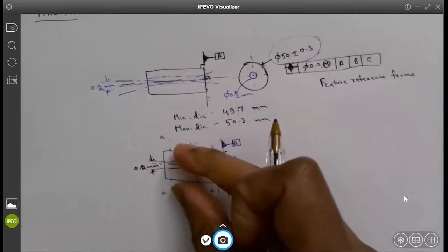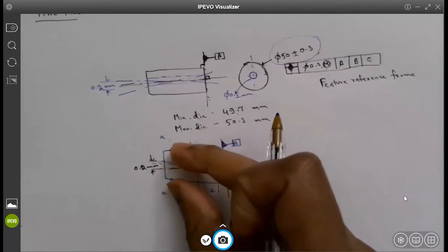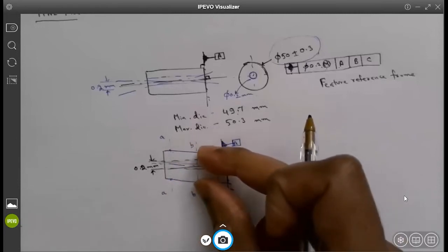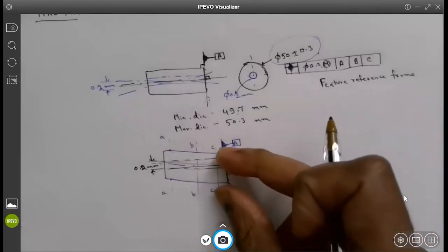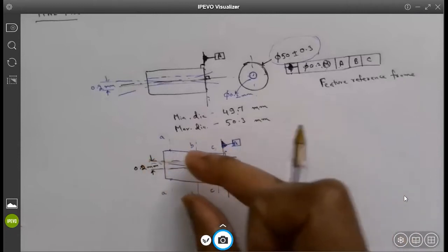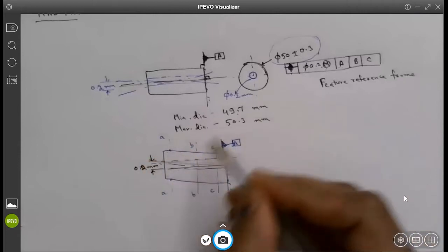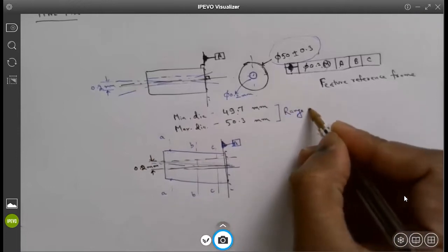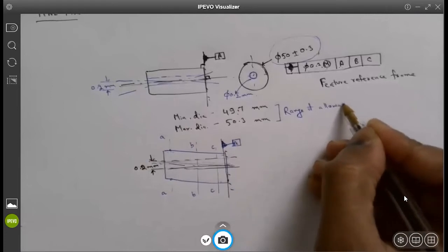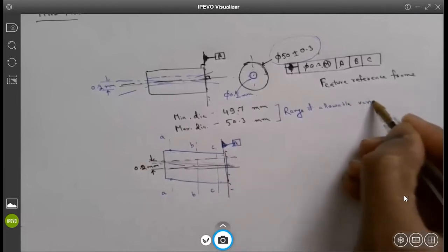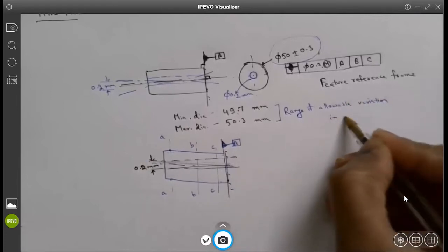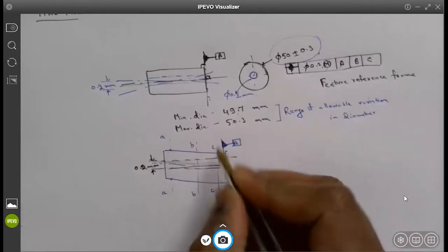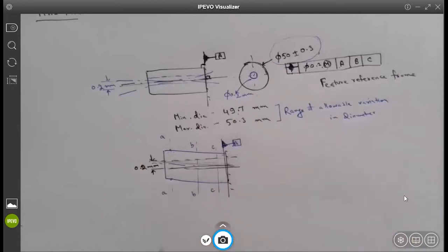So I'm inspecting here using my vernier caliper. I measure 50 millimeters. I say good. If I measure 49.8 millimeters here, it's good. If I measure 50.2 millimeters here, it's good. As long as at every section the diameter remains within this range, the range of allowable variation in the diameter, this part is perfectly acceptable.